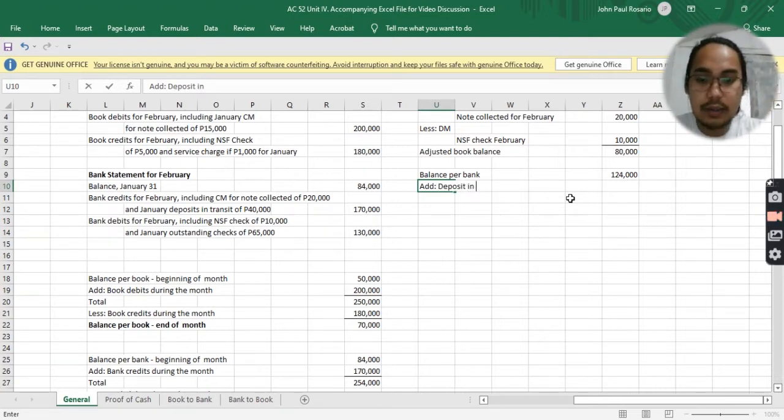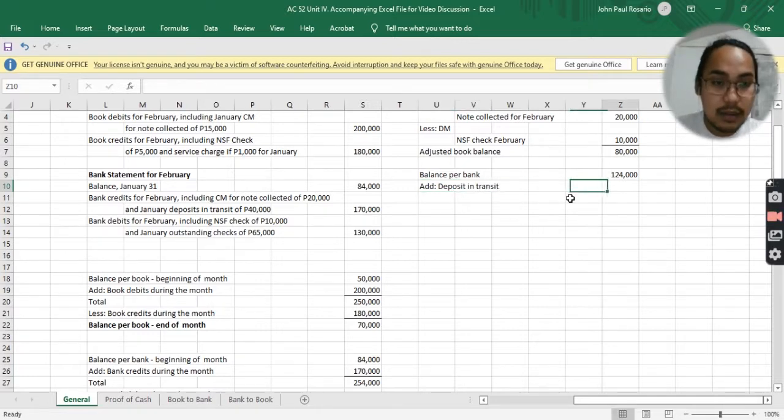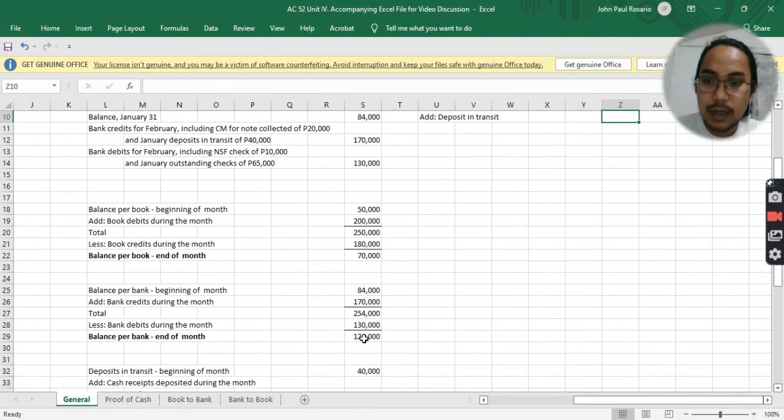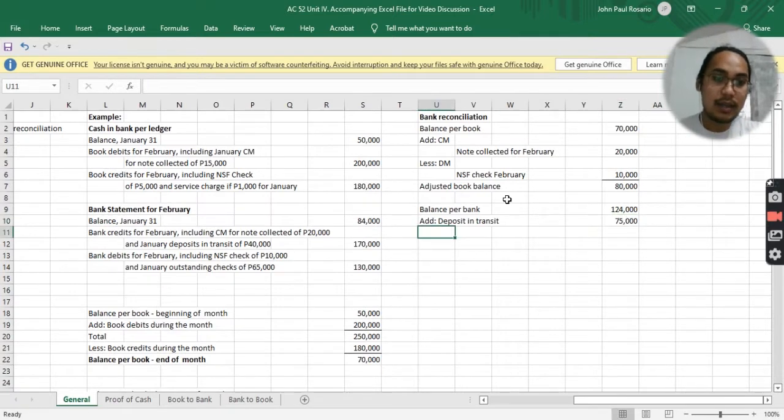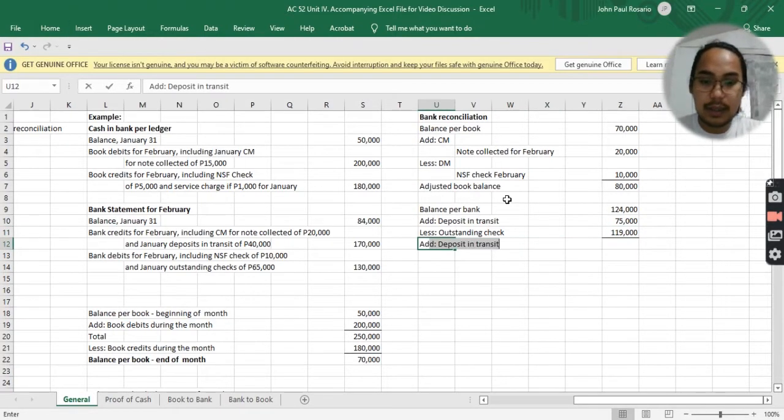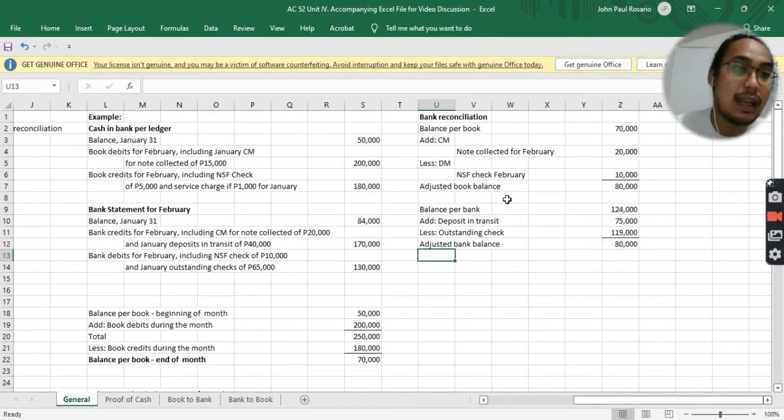Our deposit in transit at the end is 75,000. So add 75,000, and then less the outstanding checks for the month of February amounting to 119,000. So we will end up with our adjusted bank balance: 124 plus 75 less 119. We ended up with an adjusted bank balance of 80,000.